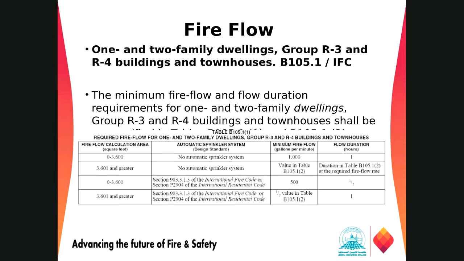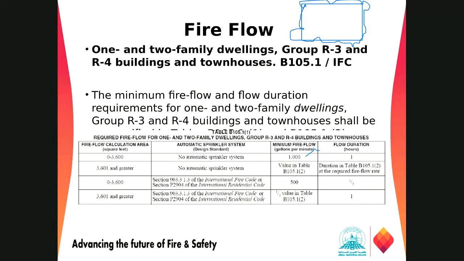When I'm talking about the building area, they are talking about everything inside the outside perimeter, which should be considered as the total area. So from 0 to 3,600 square feet without a sprinkler system, the minimum fire flow should be 1,000 GPM for 1 hour.